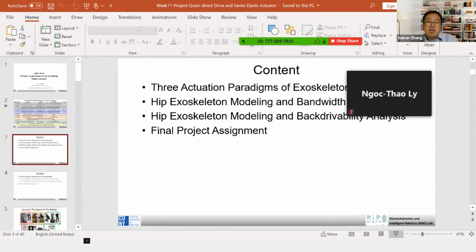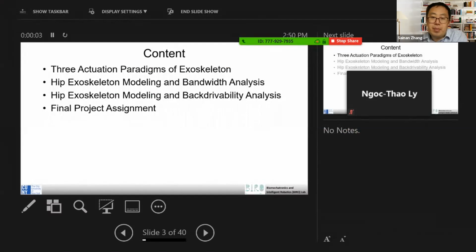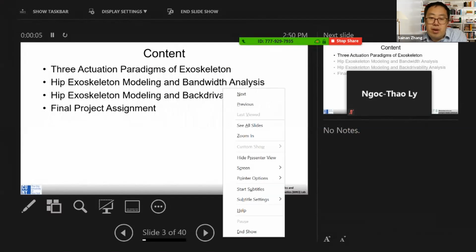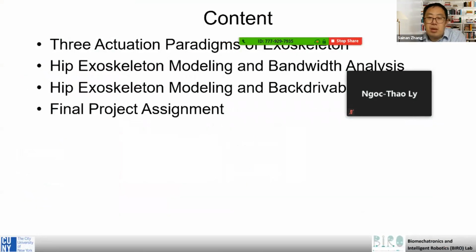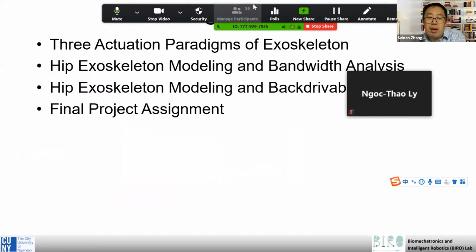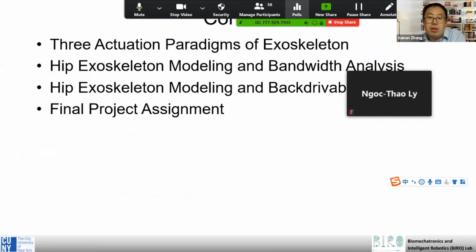So basically, I want to go over the final products, clarify some questions about the assignments, and we also revised the slides and the coding.